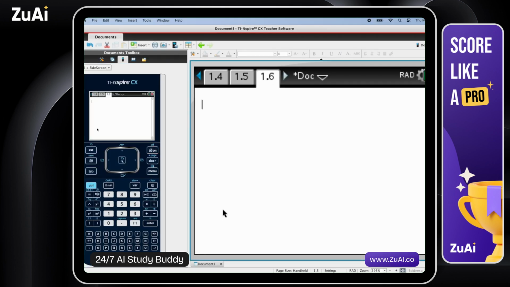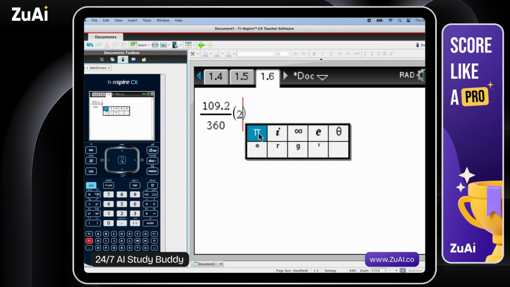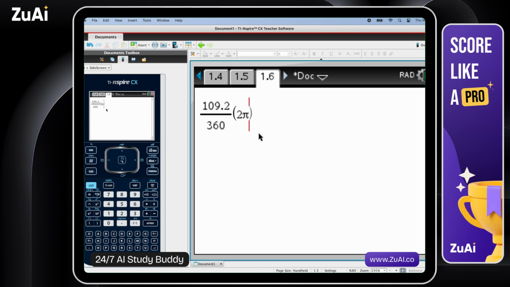Okay, so we have 109.2 over 360, and we want to multiply this by 2 times pi times the radius, which we said was equal to 55.2.